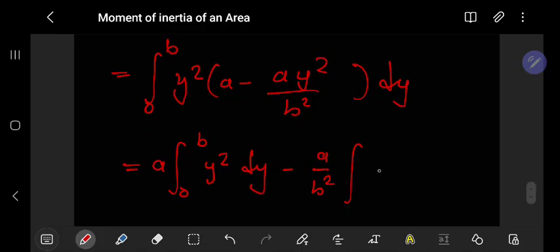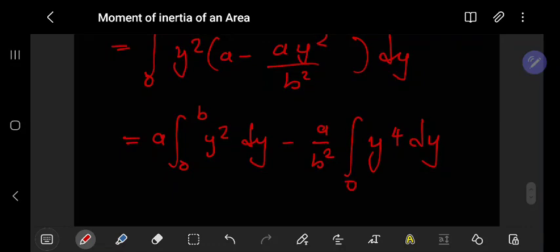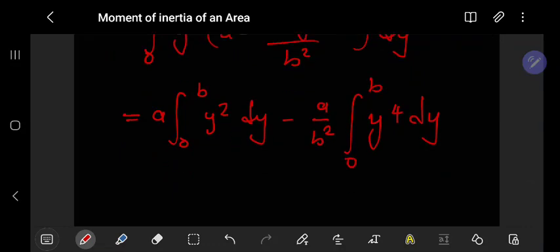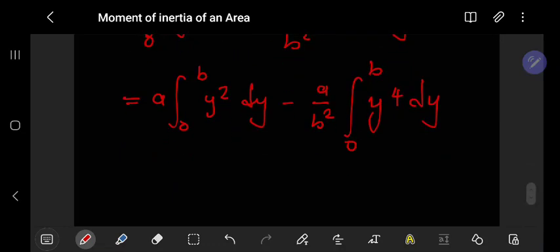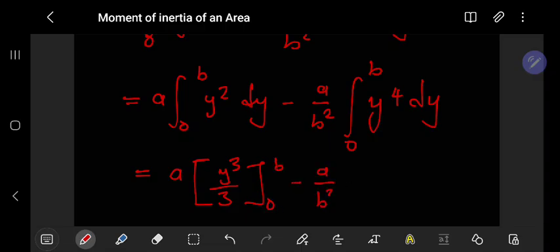Then now we're integrating, the y squared gives us y to the power 4 dy from 0 to b again. At this stage, we just have to integrate this. So we have a, then this is going to be y to the power 3 over 3, 0 to b, minus a over b squared.